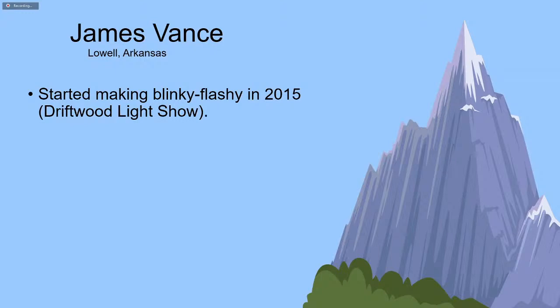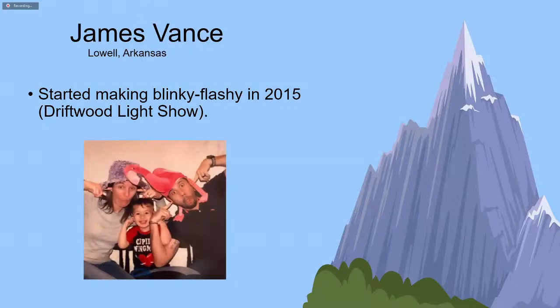Started off with a single LED strip that I ran off of an Arduino with some code that I wrote, and then stumbled upon the vast world of holiday lighting and Driftwood Light Show. It's actually the name of the show that I do. This is me and my wife and my 4-year-old. I'm actually a software engineer professionally. I've been doing that for about 10 years, primarily working in Java.